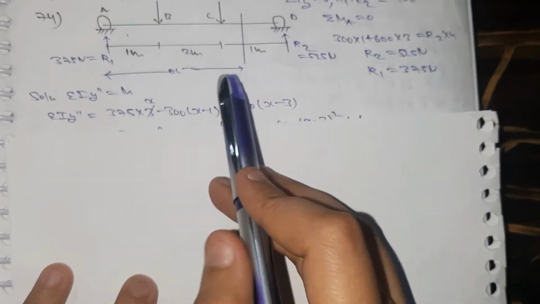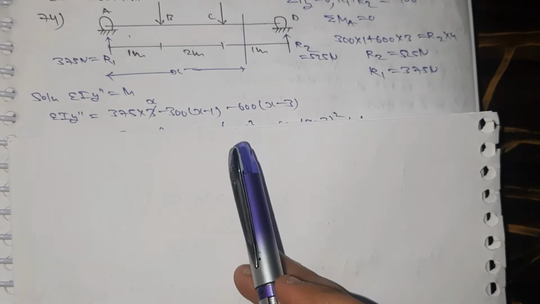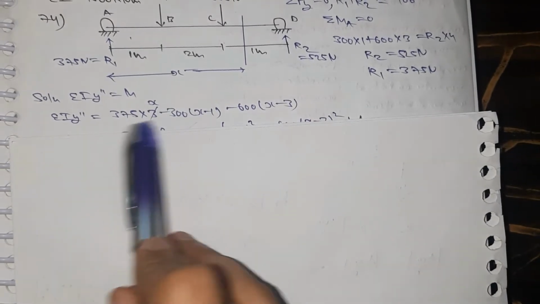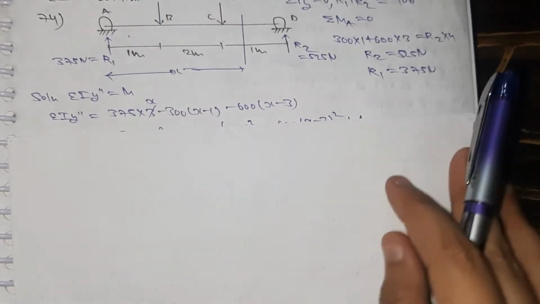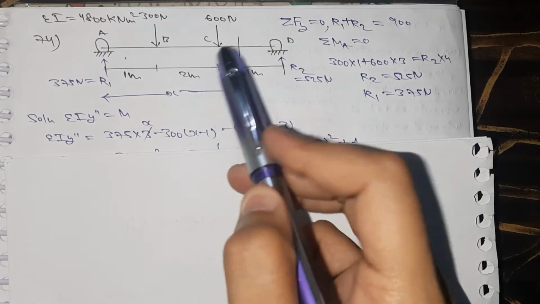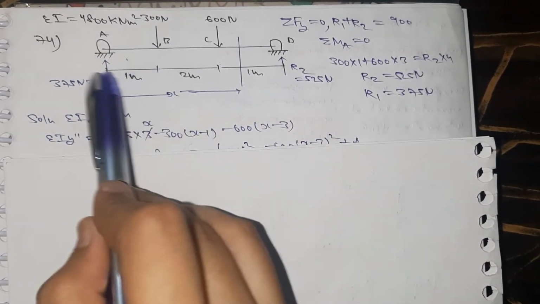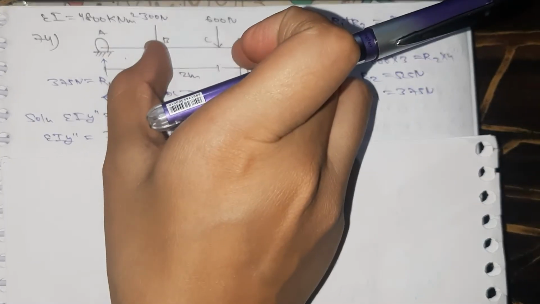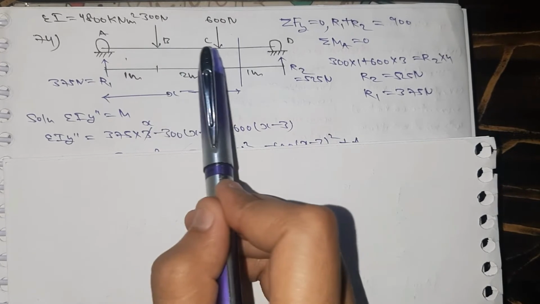As you can see, R1 is producing a sagging bending moment, R1 into X, which I have written as 375 into X. Then this 300 Newton gives us a hogging bending moment. It is acting at a distance of X minus 1, that is, this much distance.